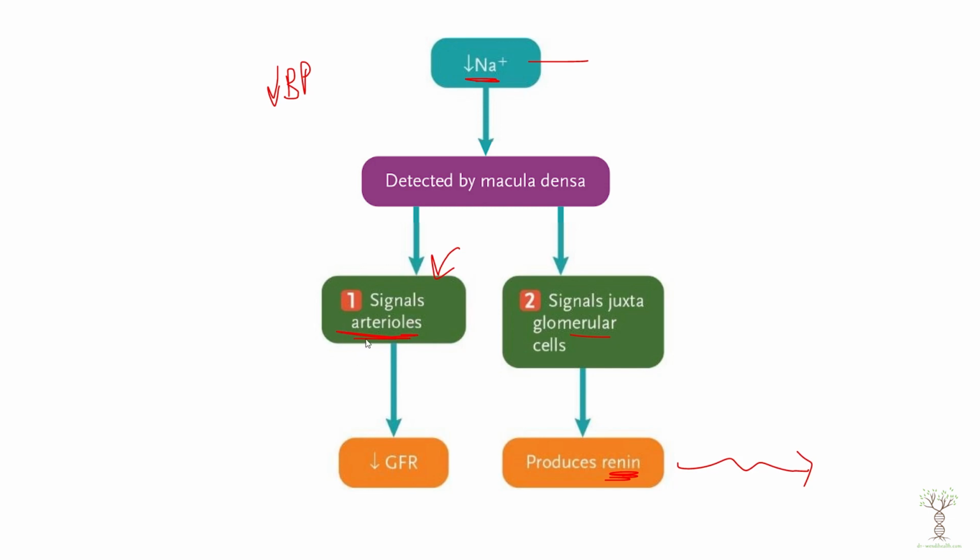And when we constrict the arteriole, we are going to decrease the glomerular filtration rate. And I talked about this in the previous video. If we dilate the arterioles, then more blood is going to go into the nephron, into the glomerulus, and we will increase the filtration rate.